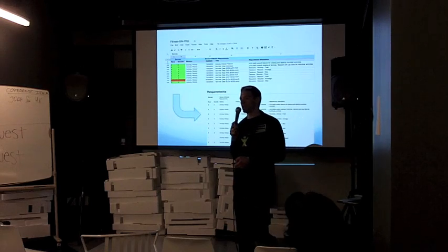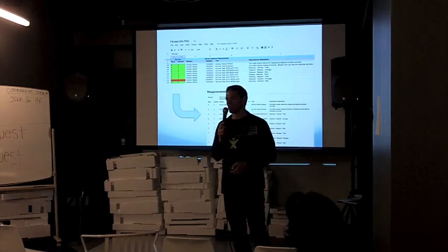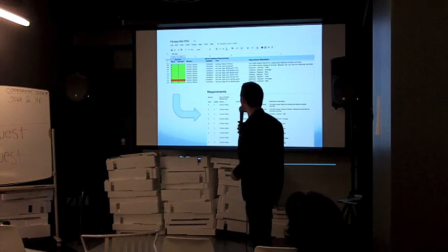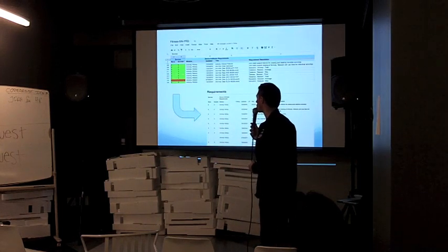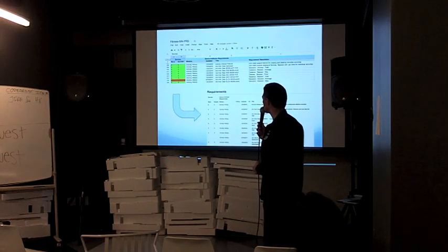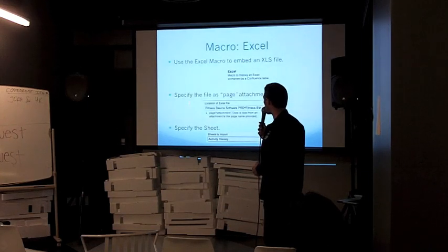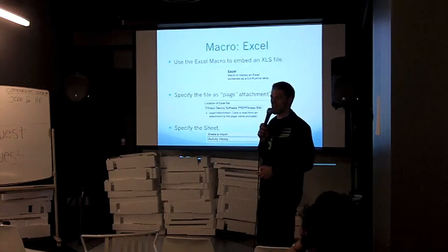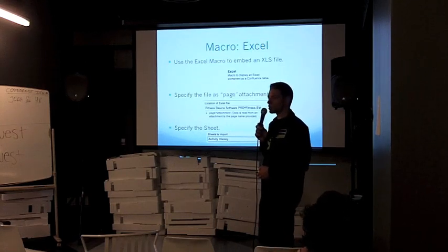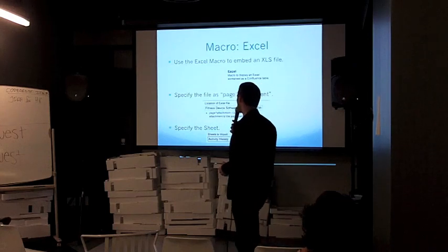And you noticed earlier that I had a separate page for each feature. So what I did in my spreadsheet is I created a separate sheet for each feature. And then if you use the Excel macro, you can actually say, don't just embed and show the entire spreadsheet, show just a particular sheet inside it.